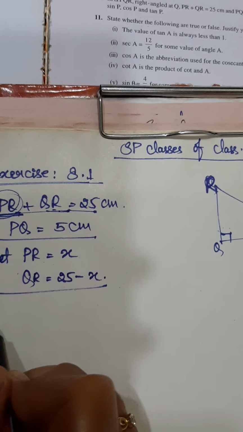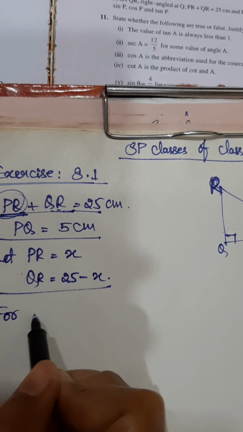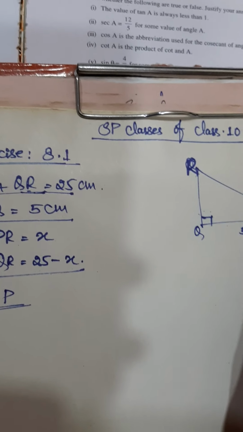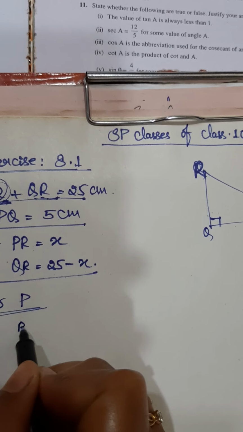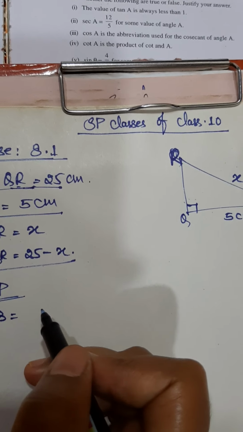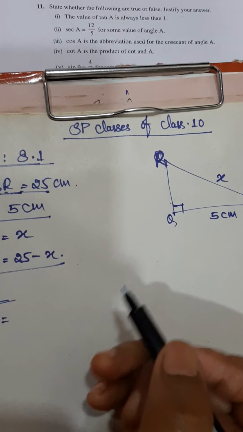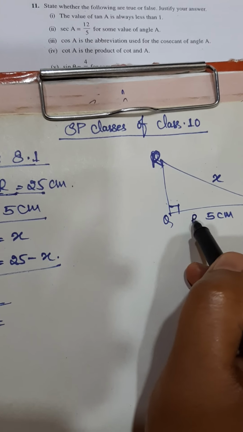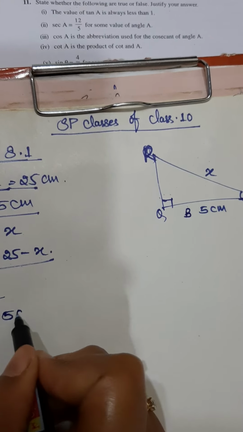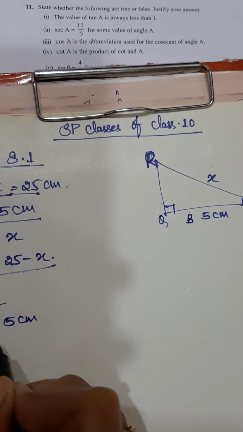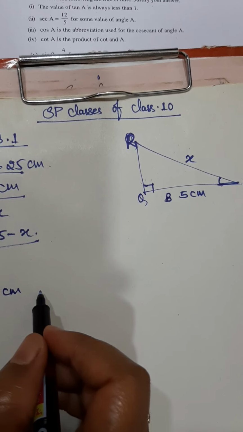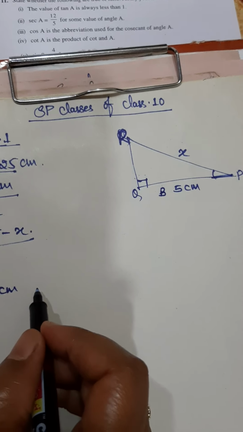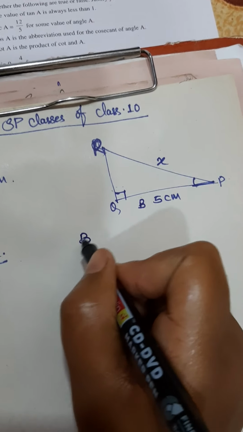For angle P, what we will get? B is equal to 5 centimeter, this is our B value. P we don't know and hypotenuse we don't know. So let's find out by Pythagoras theorem.